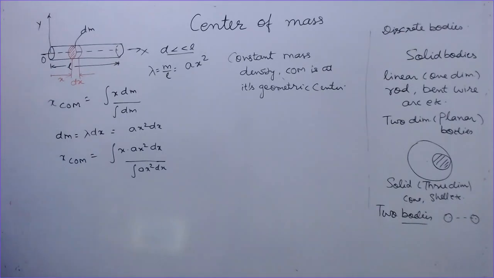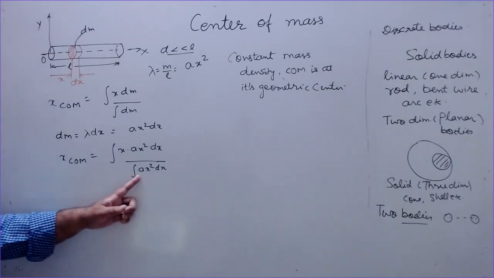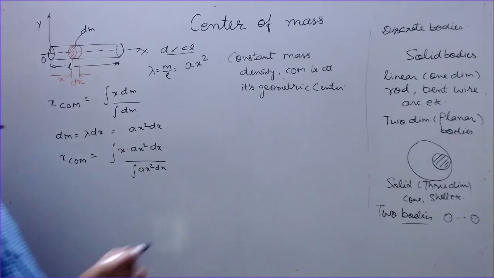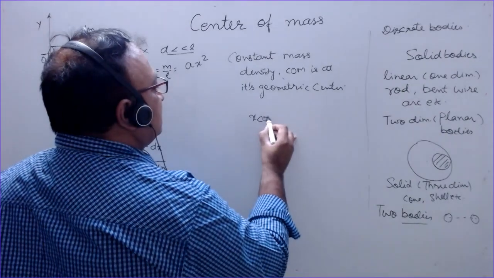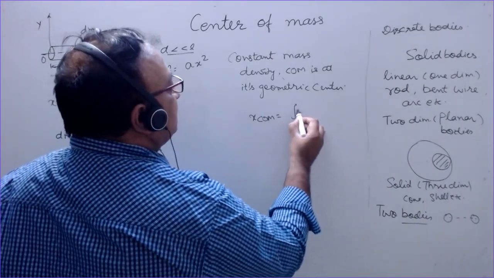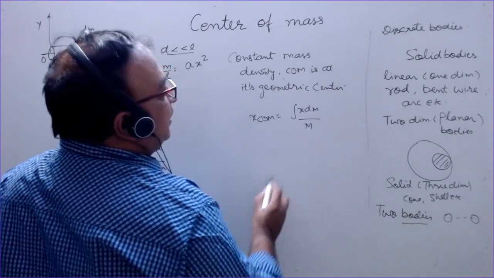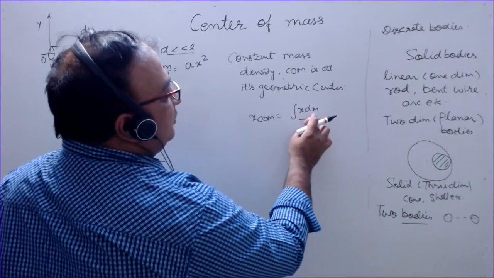If mass density is not uniform, then you will write this under the sign of integration. Otherwise, here I can write the total mass like this. If it is not constant.